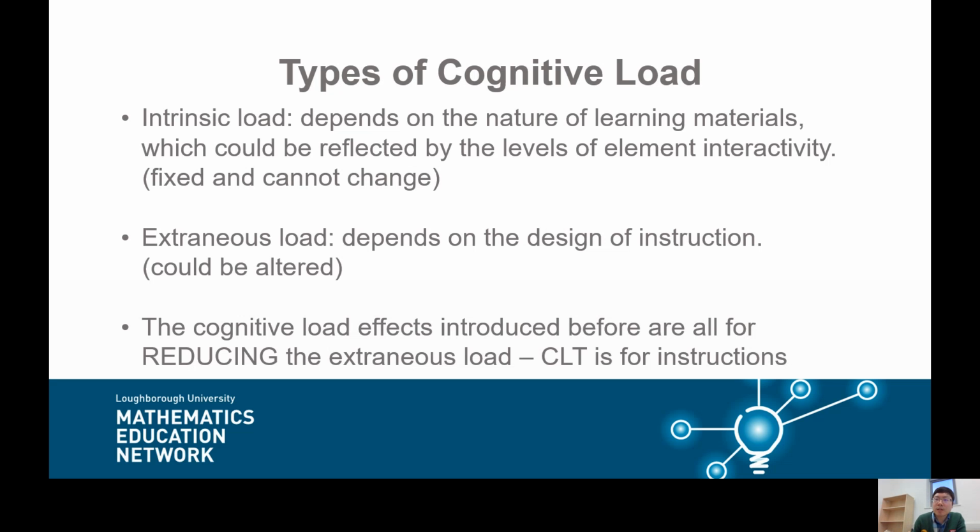Germane load, or germane resources, are resources to form schema and to automate our schema. Therefore, that belongs to intrinsic load, because intrinsic load is positive load, and germane load is also positive load we need. But the extraneous load is negative load. We must reduce and minimize it.